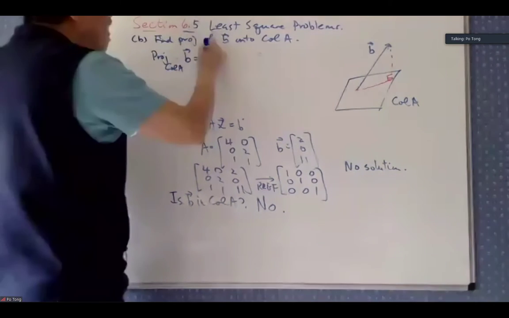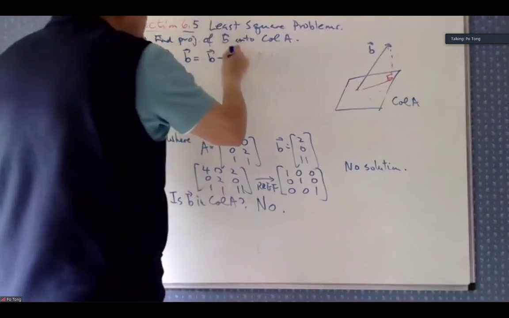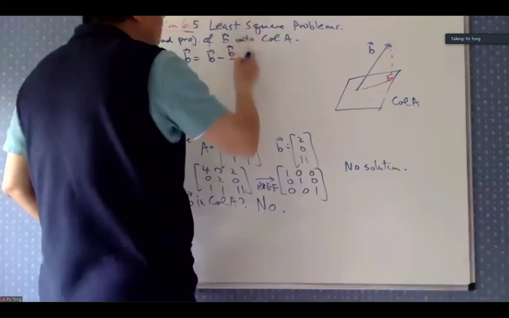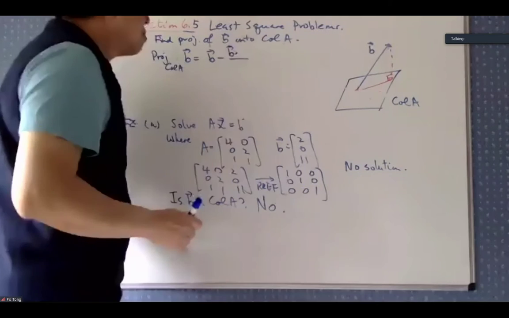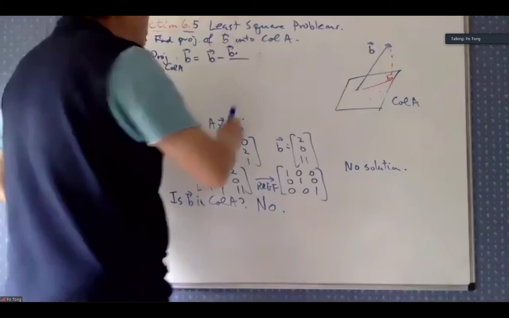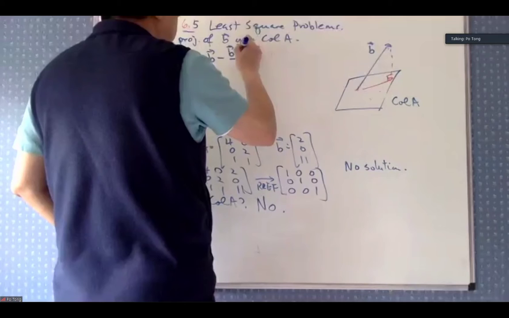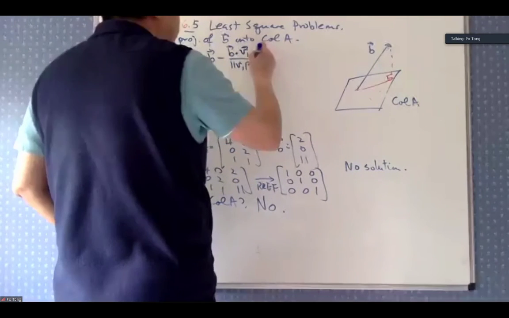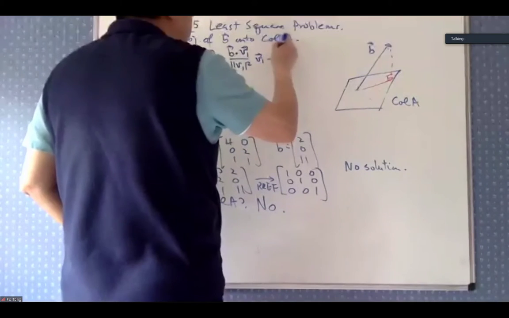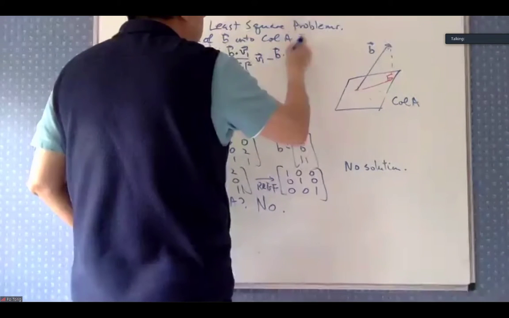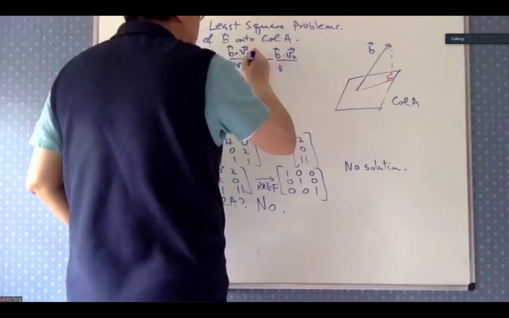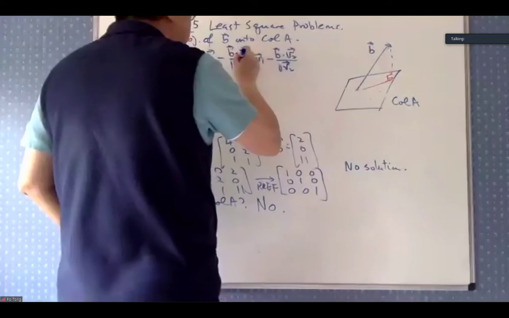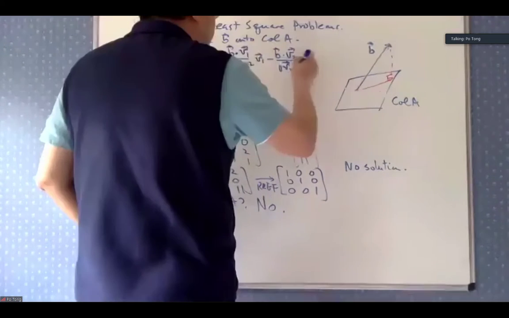It's going to be B dot, let's call this B1 then, over B1 squared times B1, minus B dot B2 over B2 squared times B2.